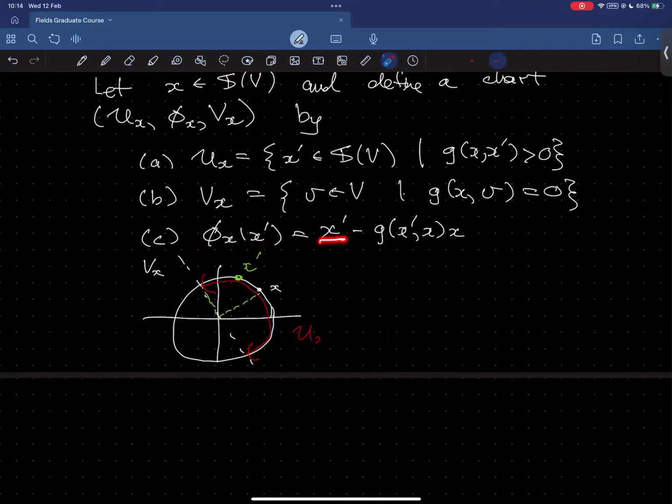This is the component of X prime that's orthogonal to X. And so when you take the orthogonal part, that thing there is phi x of X prime. So basically the chart map takes points in this little region here and projects them down into the plane which is orthogonal to X. Okay, so that's the geometry of what this thing does. Okay, good.